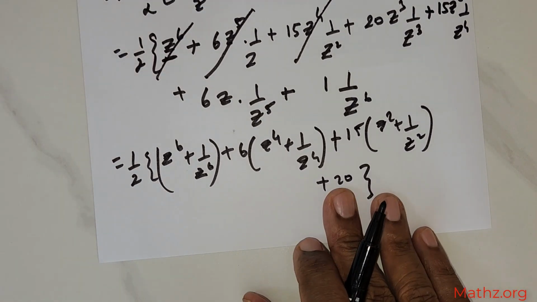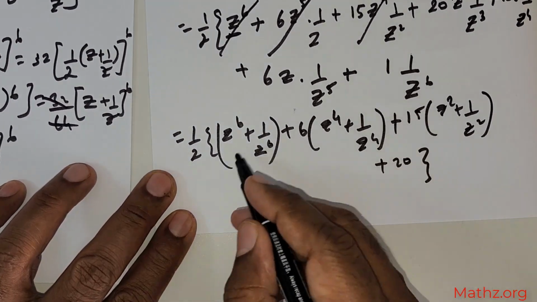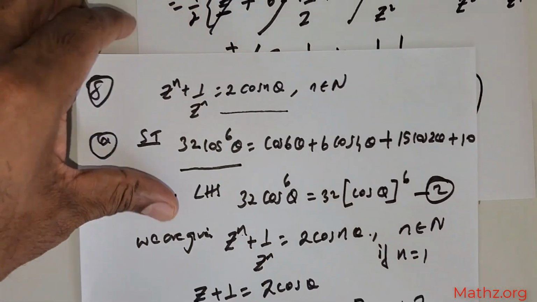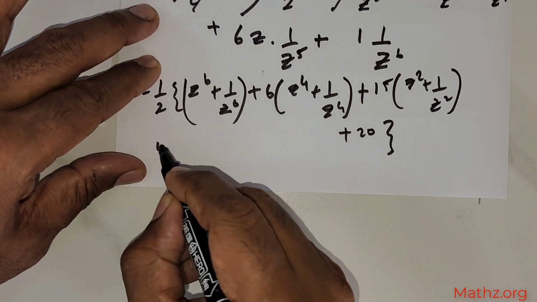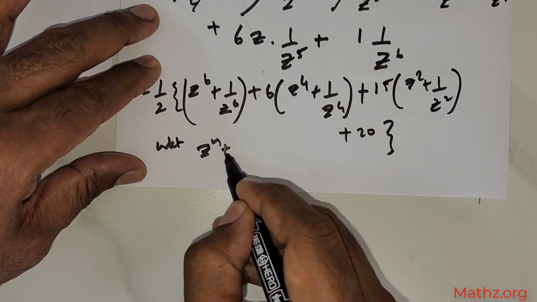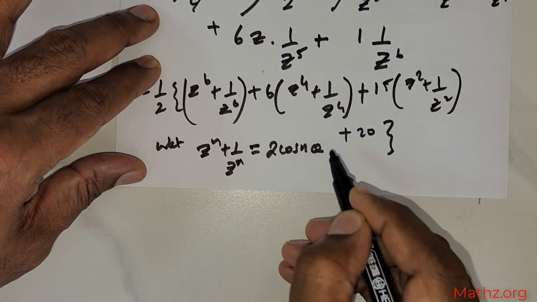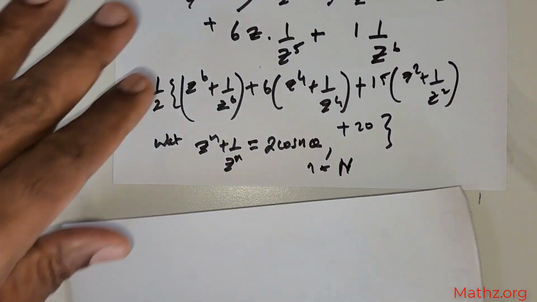So now I need to move to the next side. Now I need to get this value, right? This value is easily got from over here. We know that z power n plus 1 over z power n is equal to 2 times cos n theta, where n is an element of natural numbers. So I have that in mind.